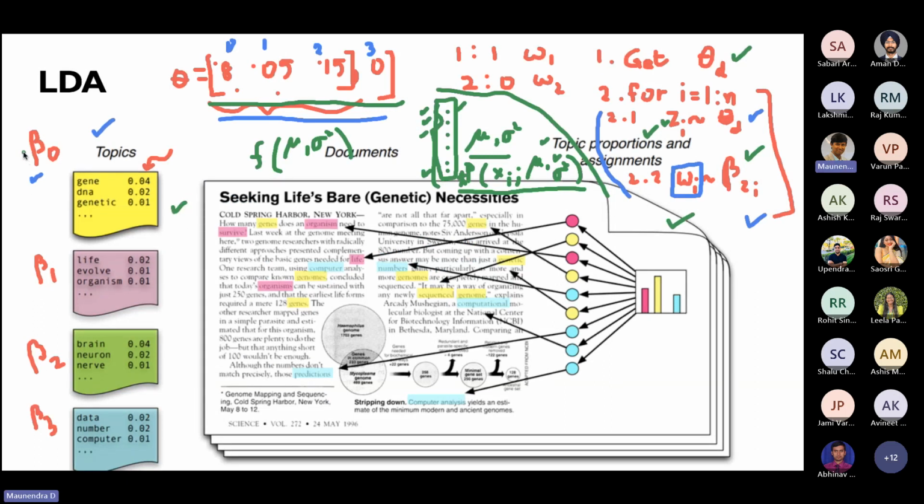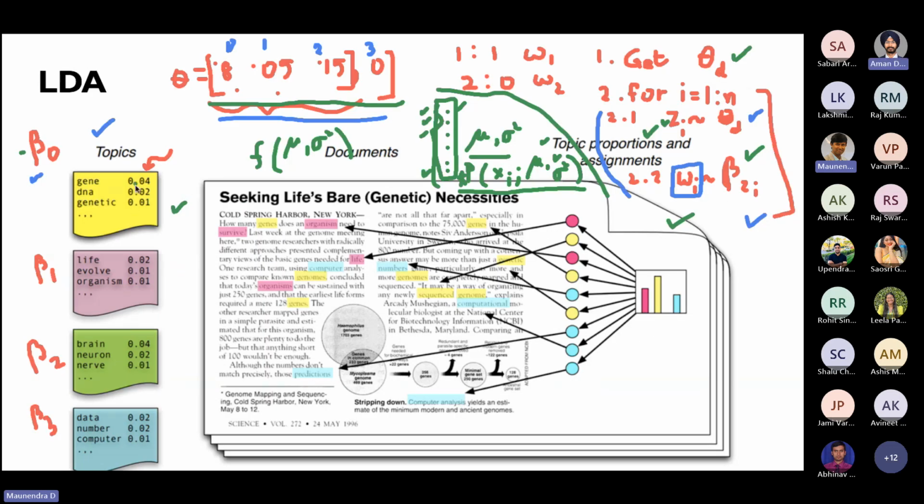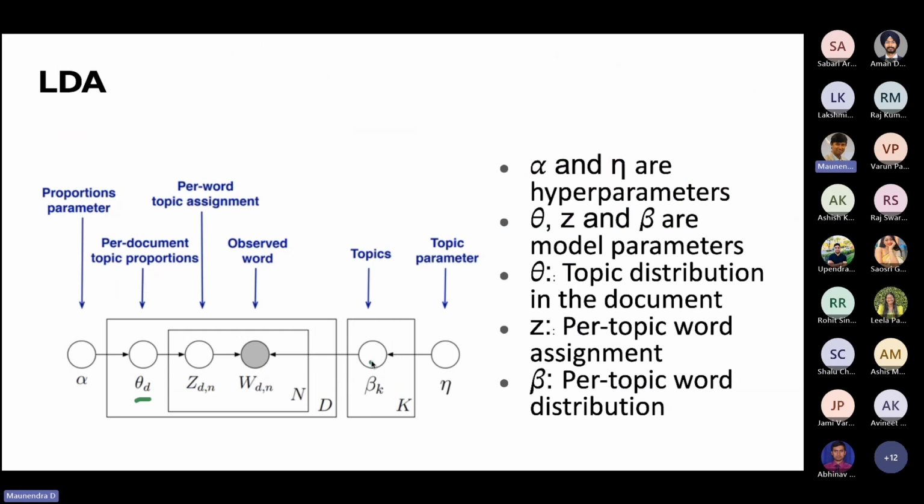For that we need this table. Where does it come from? It comes from this. For each topic we have a vector of probabilities associated with different words. This is for one topic, this is for another topic, and so on. What word is generated depends on the topic that you have selected and this distribution. So these two things together give us the observed word.